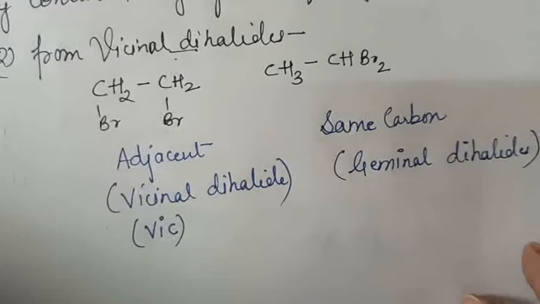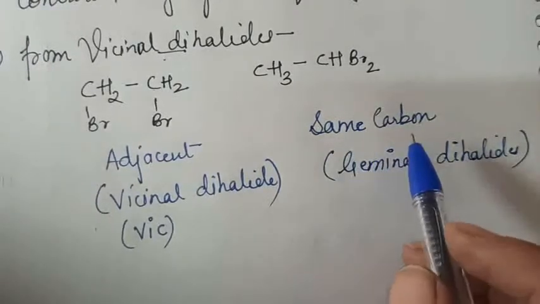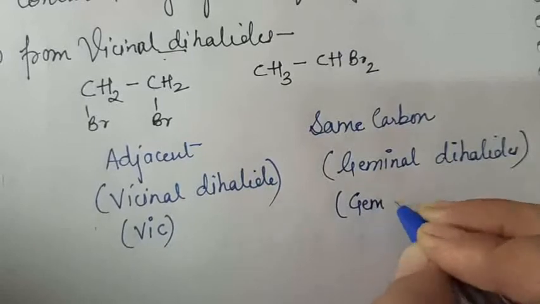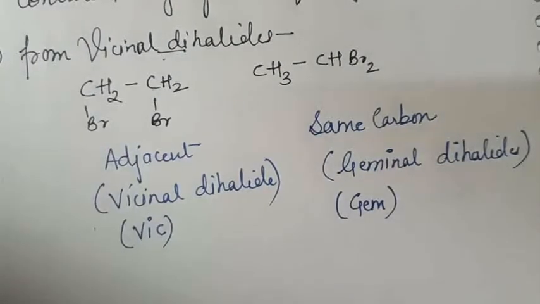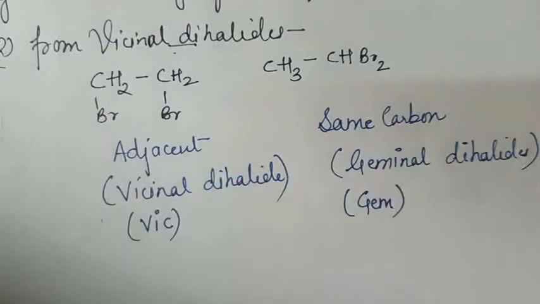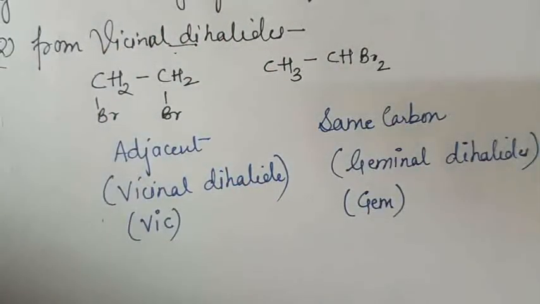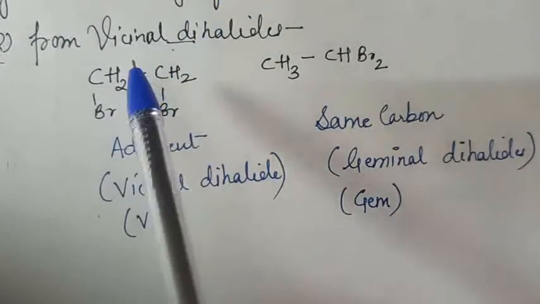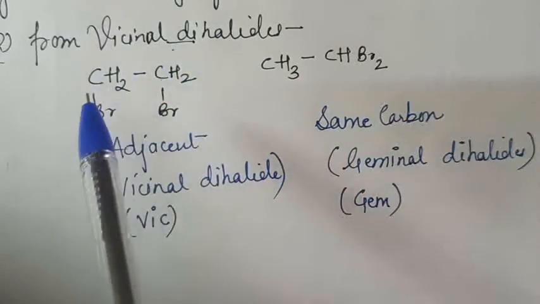So when both the halogens are present on the same carbon, this situation is called geminal and it is represented in short as GEM, that is gem. So vicinal dihalide we wanted, but together I told you the geminal also because these are the two types of dihalides. So we will have to talk for the preparation of alkenes from this one.